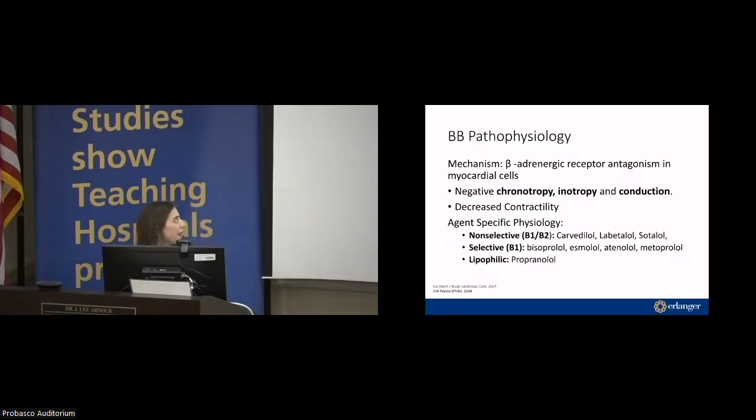When you look at the specific physiology of the different beta blockers, just remember that the selective ones are bisoprolol, esmolol, atenolol, metoprolol; non-selective are carvedilol, labetalol, sotalol. And then the most lipophilic is propranolol. It is important to recognize that as you take more and more of these agents in, the selectivity of those that are selective decreases with a higher level.